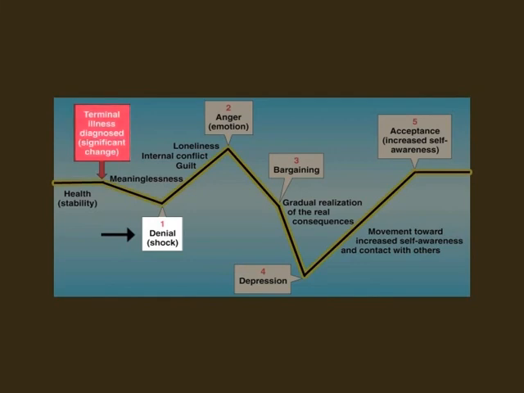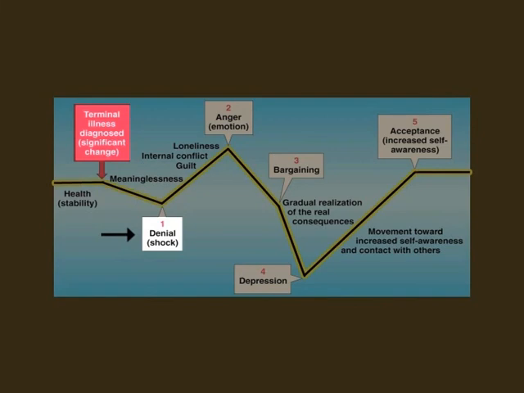In the stage of denial, usually these patients feel that whatever test results have come are wrong, and they think that this cannot be happening to me. They also do not like to talk with others about their condition.